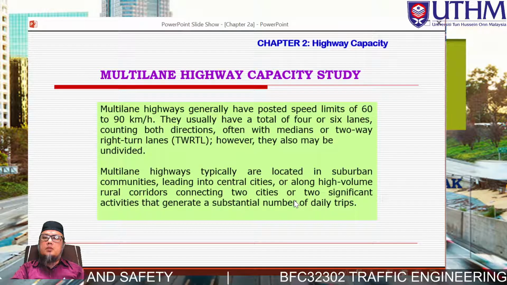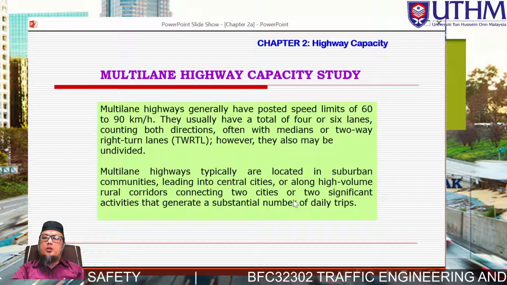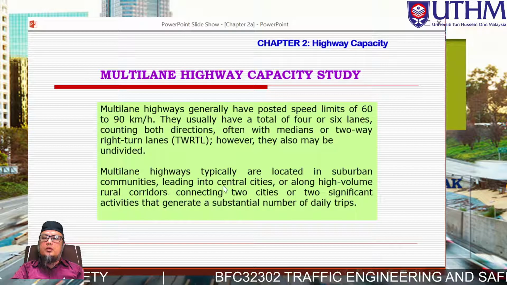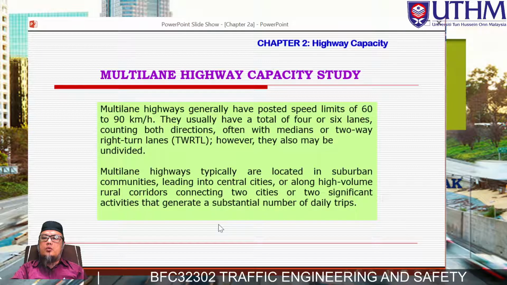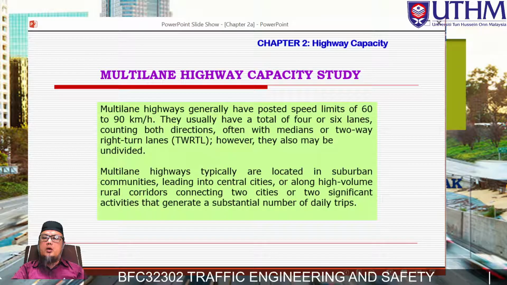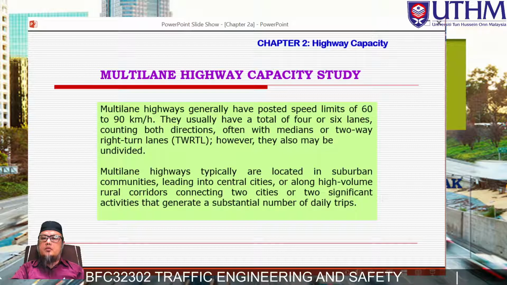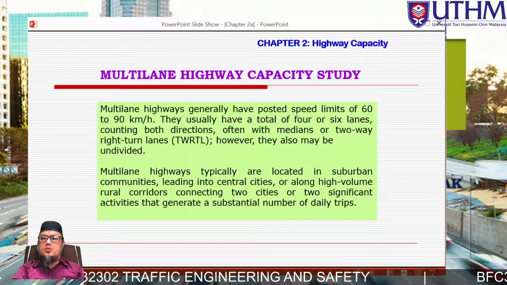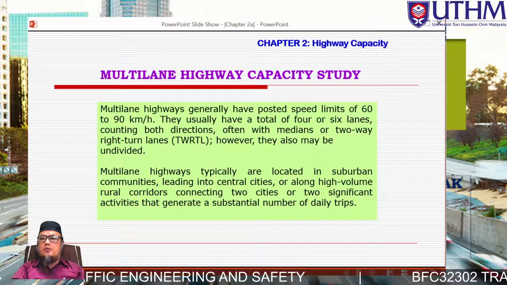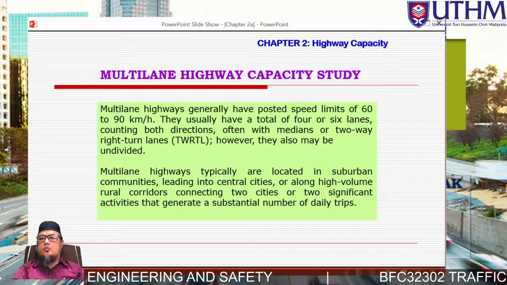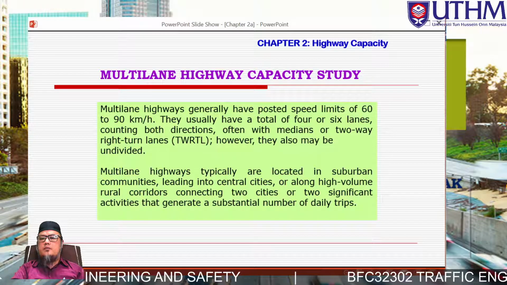Some examples, from Batu Pahat to Kluang, leading into the central city. This road is classified as a multi-lane highway, a federal road. We can name the reference for the federal road from Batu Pahat to Kluang as F050.